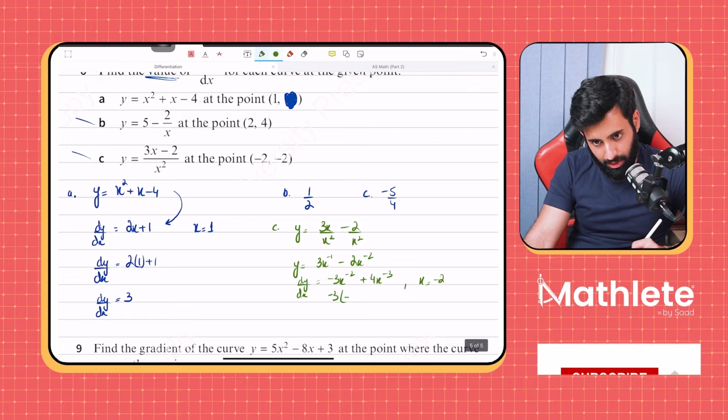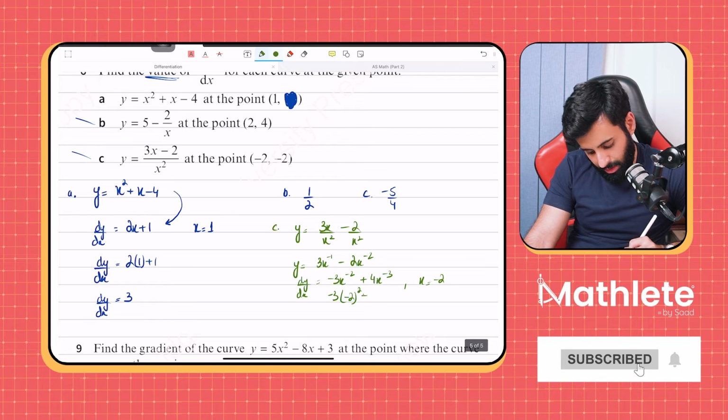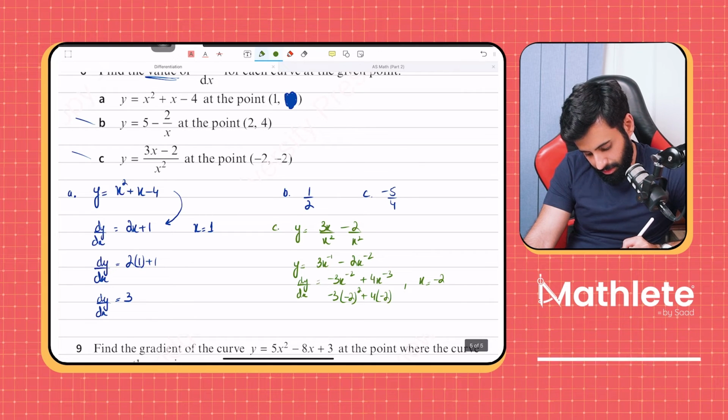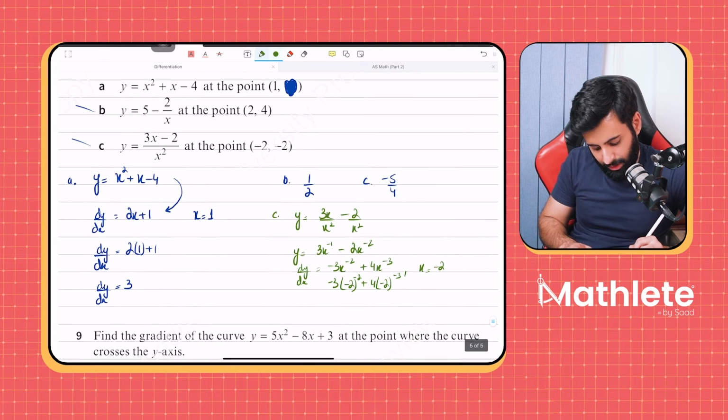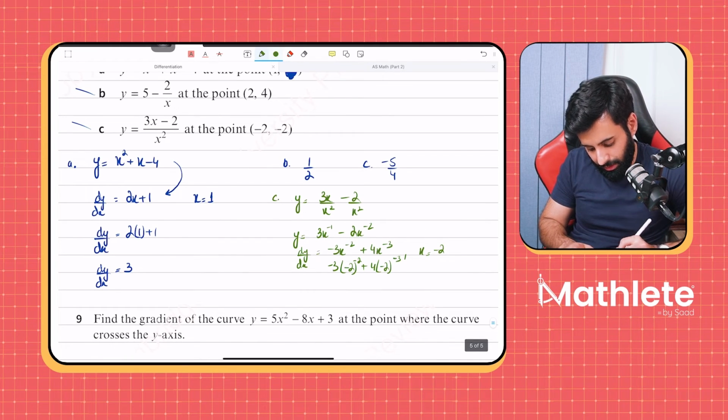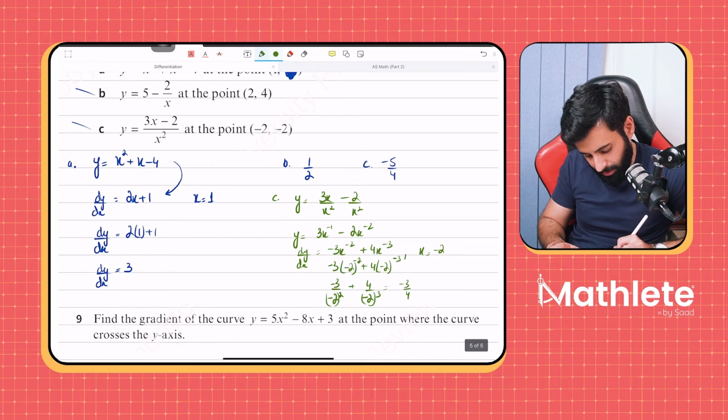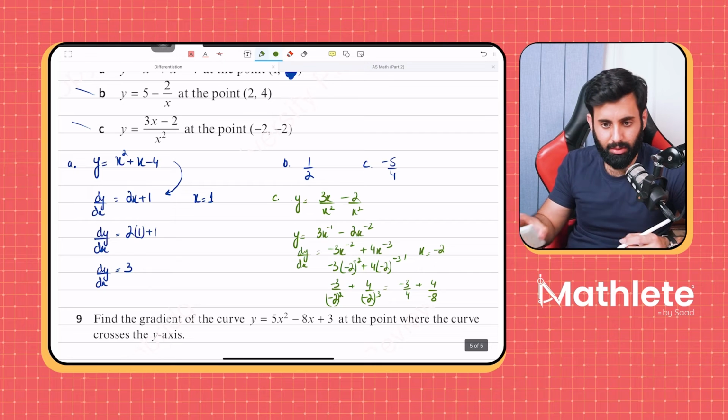We get 3 into minus 2 squared plus 4 into minus 2 to the power minus 3. Sorry, minus 2 to the power minus 2. So this part I would suggest you work out using your calculator, or if you want to do it mentally, this is what it will become. Plus 4 over minus 2 cubed, which means minus 3 upon 4 plus 4 over negative 8.